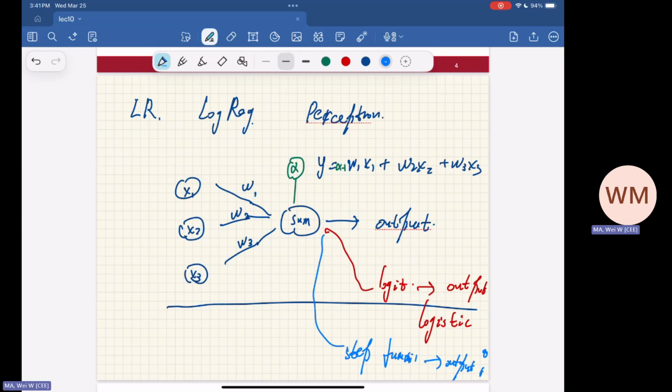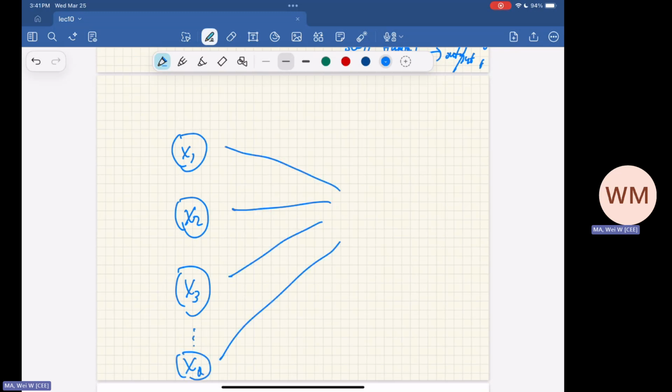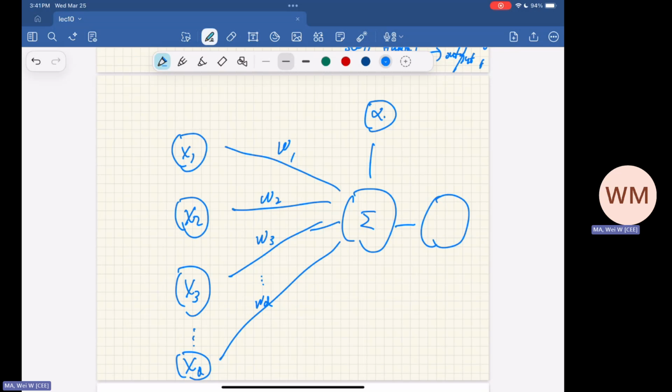So you can see that we actually have a unified representation of all these three models. You just have x1, x2, x3, all the way to xd, and then you have connections w1, w2, w3, all the way to wd. For this, you do a summation together with a bias, then you apply a function, and then you output.